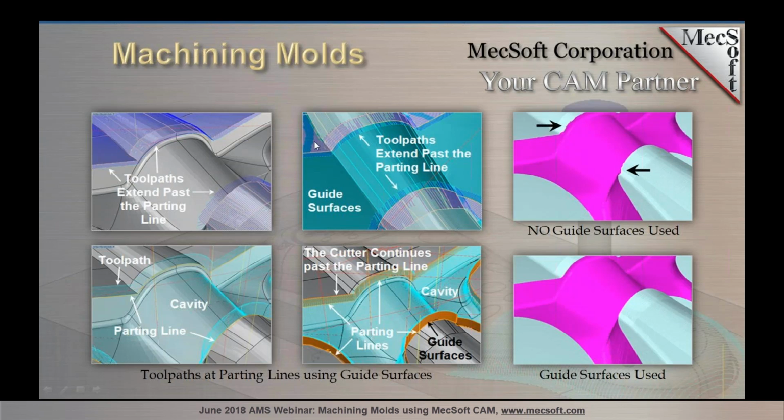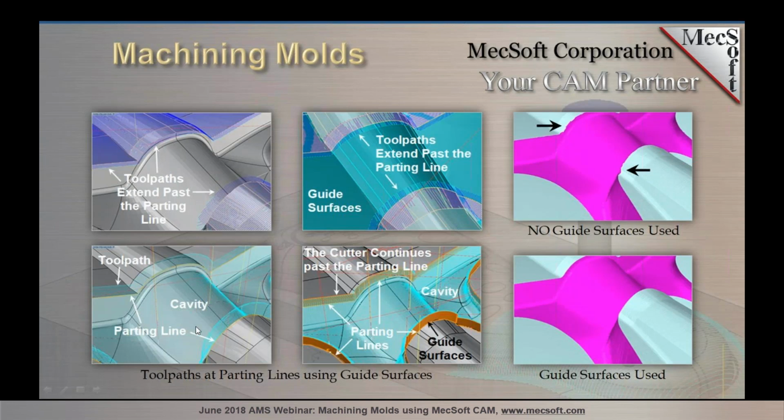We're selecting the surfaces to machine. We're using the boundary condition of the surface to control the end of the cut. And we're telling it that we want the end of the cut to go past the boundary surface. So when it does, it starts riding on these guide surfaces, and it keeps it from rolling over the parting line and then rolling down into your cavity. So that's what you're trying to avoid.